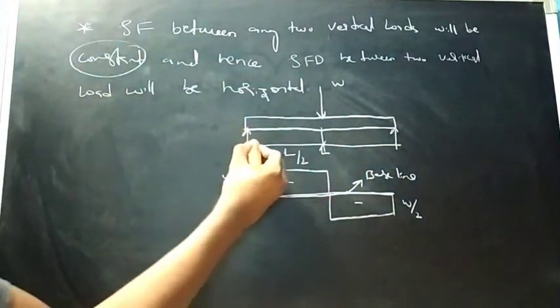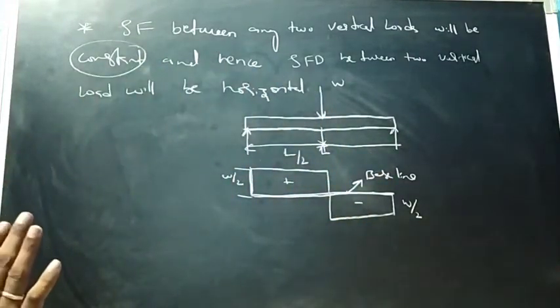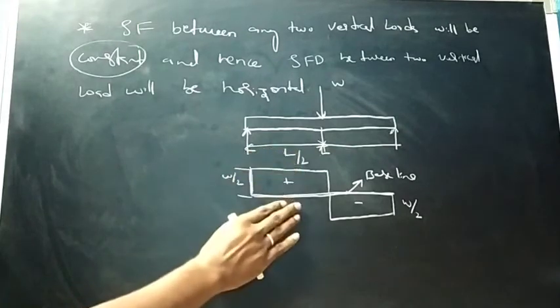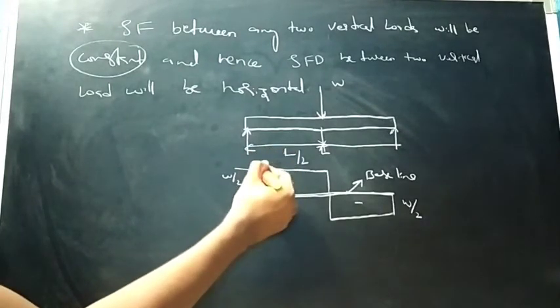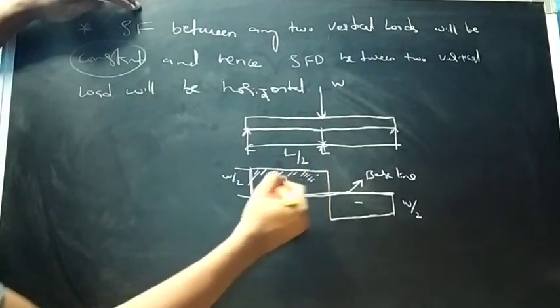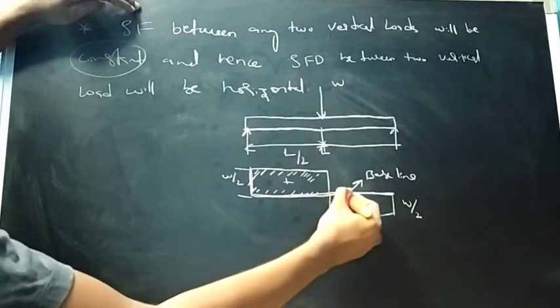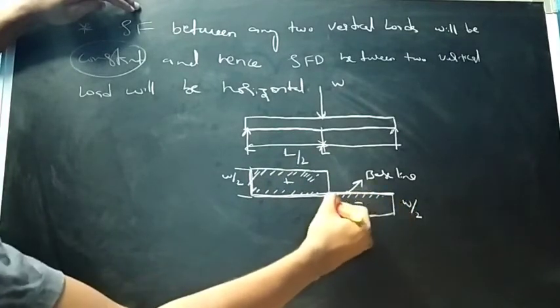This half of the length will be L by 2, the total length will be L. So this is the shear force diagram, right? So here the shear force between any two vertical loads will be constant.